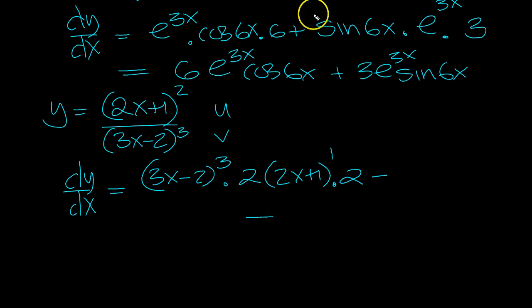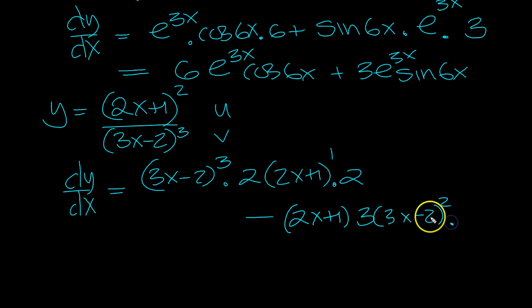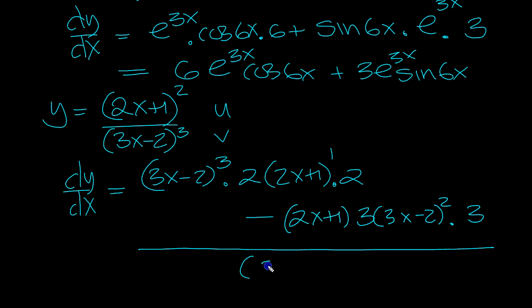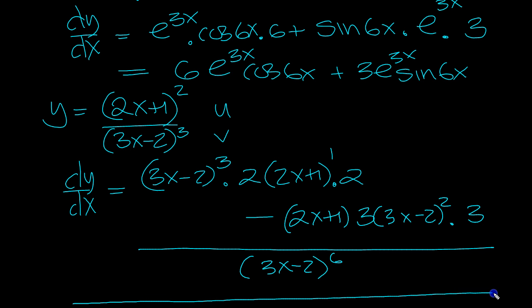So I'll put it under here, minus u (x plus 1), minus u times dv/dx. This is this cubed, something cubed, 3 times something squared multiplied by the something differentiated, which is 3, all over v squared, which is (3x minus 2) to the power 6. And we could simplify that. Time doesn't permit me to do it in this video, but we could simplify it with the algebra and see what it comes out at.